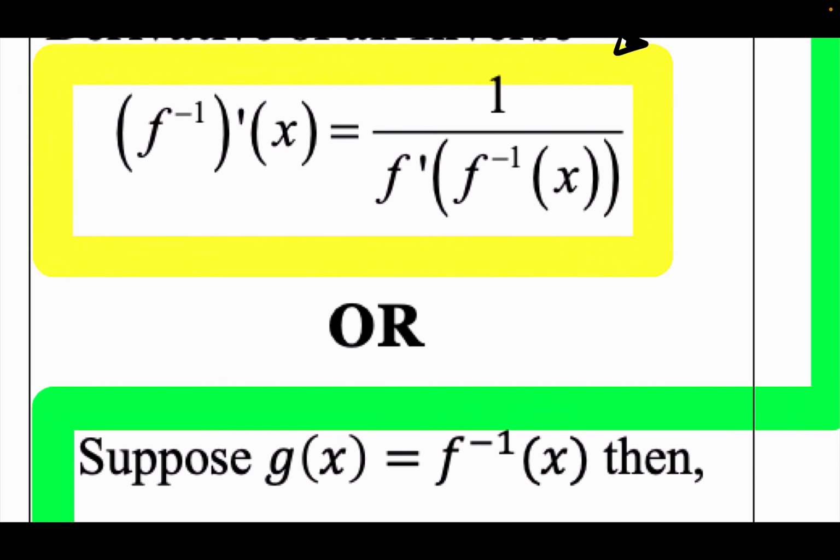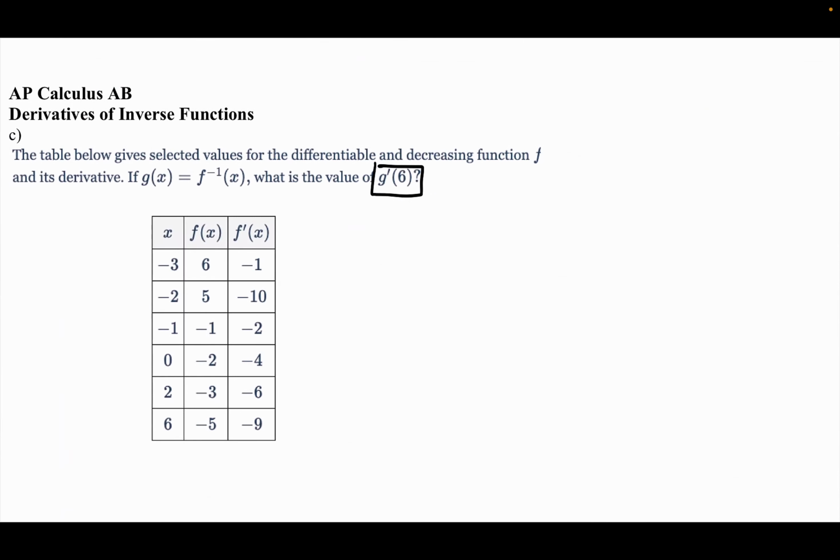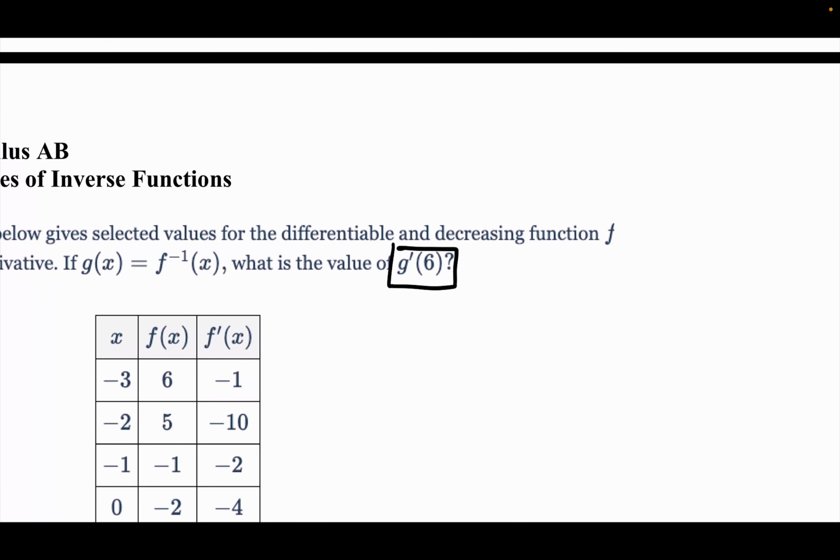So the first thing I'm going to do is build that guy. So I'm going to rewrite it. Okay, so what it said to do was this. It said f to the negative 1 prime of x.